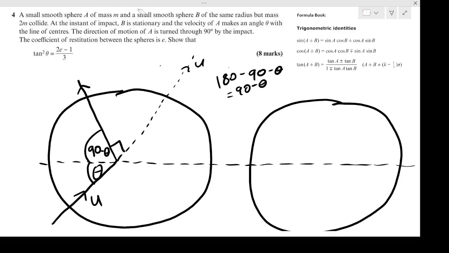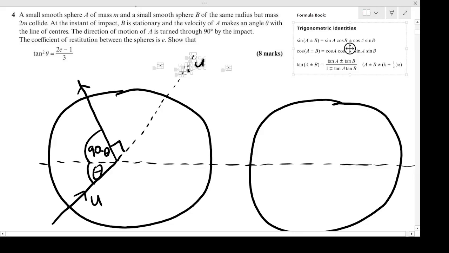Right, okay. Now I'm also told B is stationary. So originally there is no movement, it's just standing still. What about afterwards? If I look at A, I'm not told any velocities, so I'm just going to split up the components.